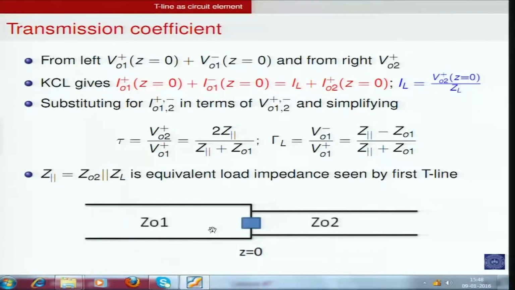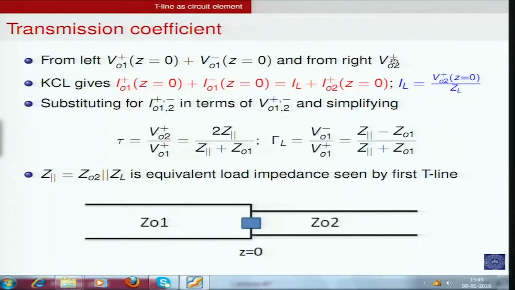Okay, to do so you just need to invoke KVL and KCL. Very simple. Let the incident voltage on the first transmission line have an amplitude of V01 plus, and the reflected voltage because of the load at z equal to 0 be V01 minus. So the line voltage on the first transmission line of characteristic impedance Z01 will be V01 plus plus V01 minus from this side, and from the right side, that is from the second transmission line, you only have V02 plus.